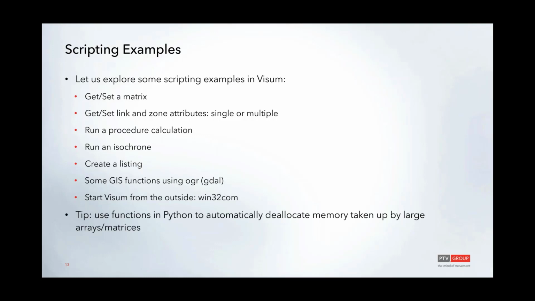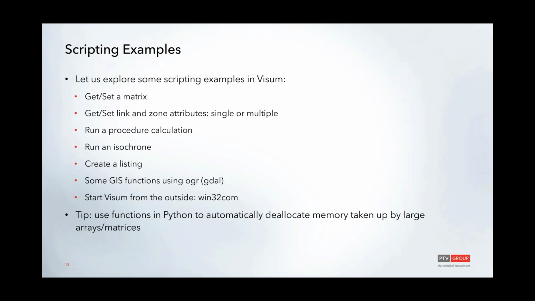And the main tip over here is to use functions in Python, as I showed you over there with the def function and then function call. What that does is it automatically deallocates all of the arrays that you loaded in memory. Otherwise, those arrays might remain persistent in Visum and then just rack up RAM for no good reason.